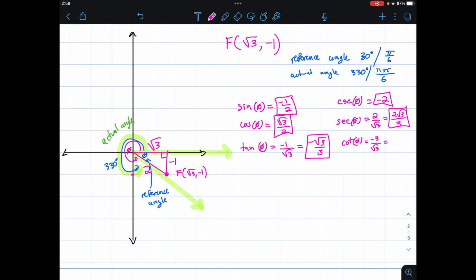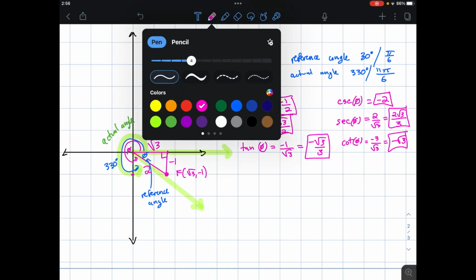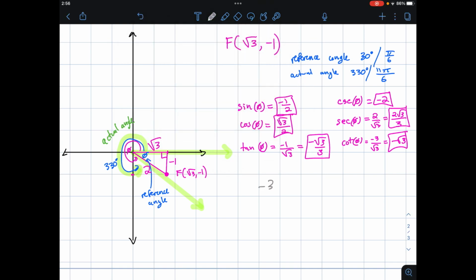So it's interesting, rationalizing we actually get negative square root 3. I suppose I can show that. We do -3 over root 3 times root 3 over root 3 equals -3 root 3 over 3, cancels, gives us negative root 3. I've got some practice, so I can do them a little faster, but yeah. All right, so that's all good and well.